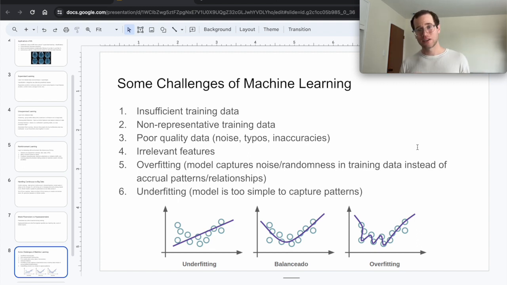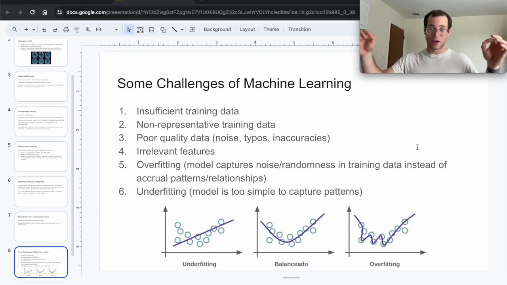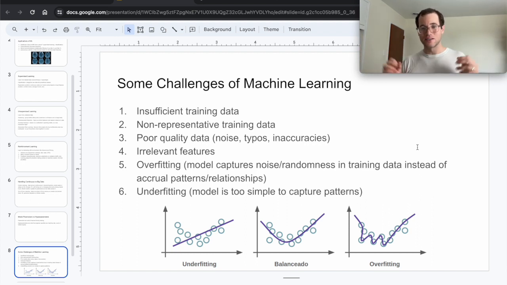So if you expect to see a linear relationship between the price of a house and the number of rooms that it has, and you are trying to fit a 20th degree polynomial to all these data points, you're going to end up with a problem called overfitting, where you'll have a very low R squared value because the 20th degree polynomial has a bunch of different degrees of freedom available to it, but when it tries to generalize, this 20th degree polynomial will be so ridiculous at its outliers that it's going to come up with ridiculous predictions.